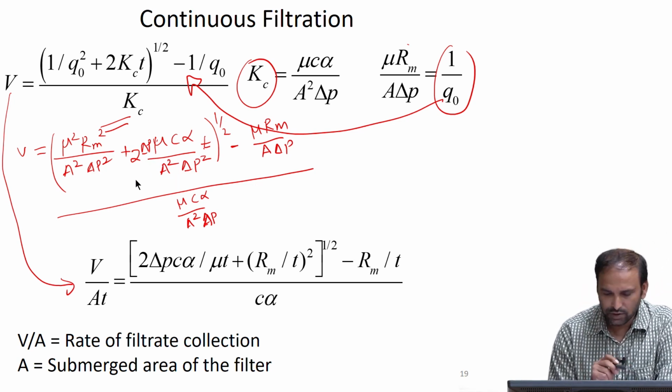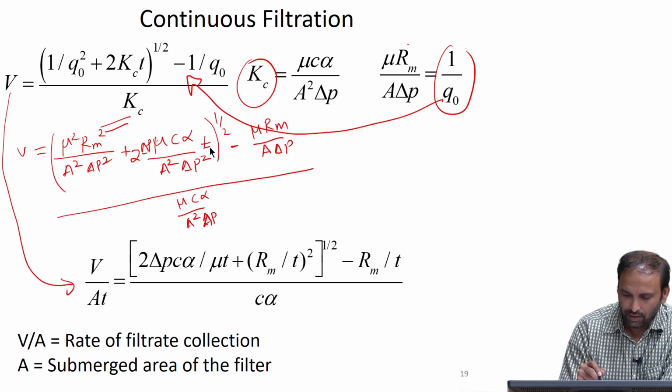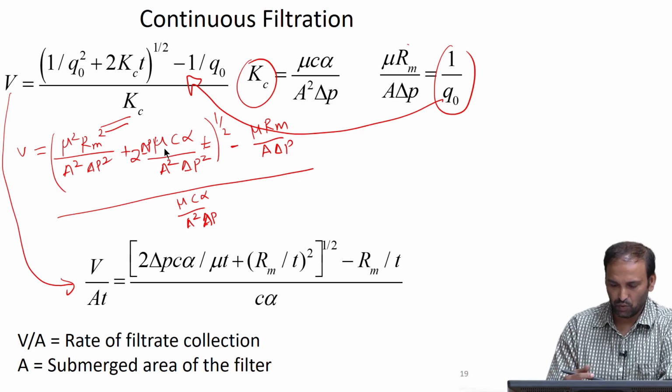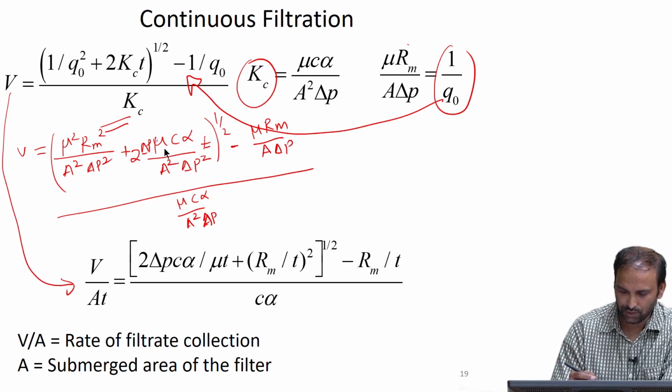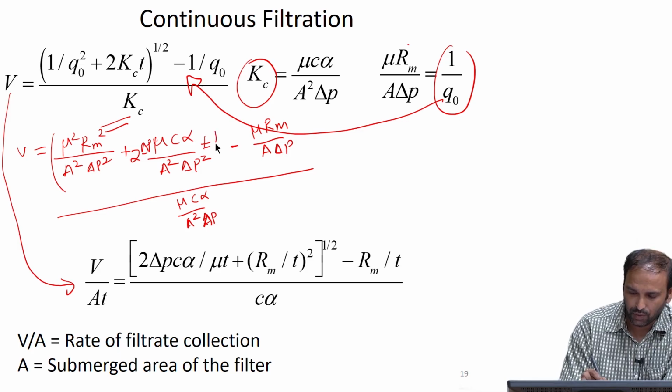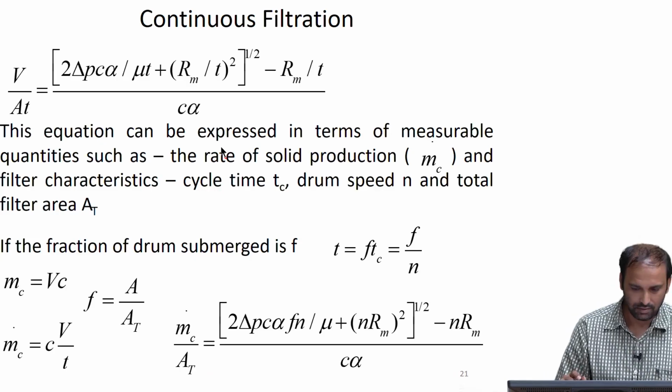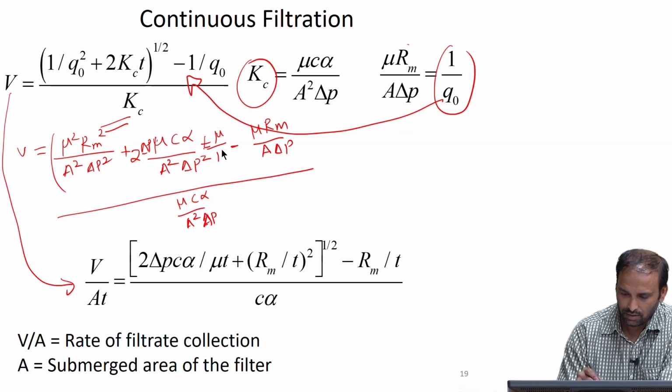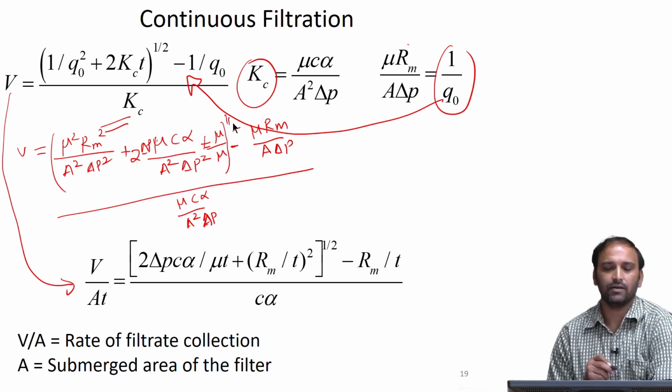Then I can also multiply and divide this by mu, so I am going to multiply this by mu divided by mu, sorry about that, divided by mu, and I have 1 over 2.